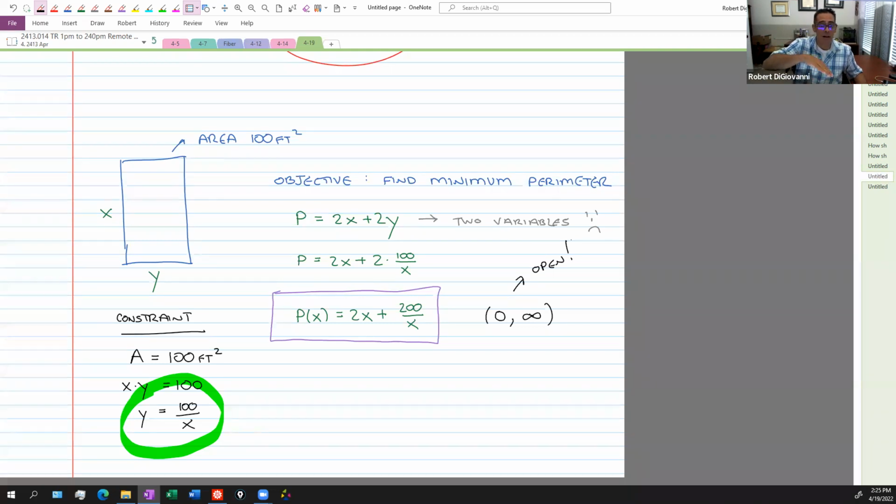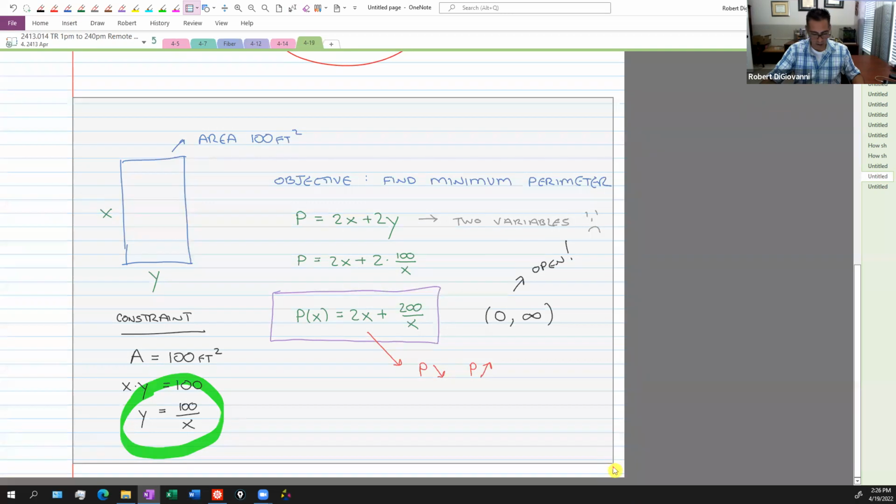We've got to figure out, does this perimeter ever go down and then follow it by an up? Because if it goes down and back up, then I will have found a minimum, right? So that's what we have to do now. This is fun.